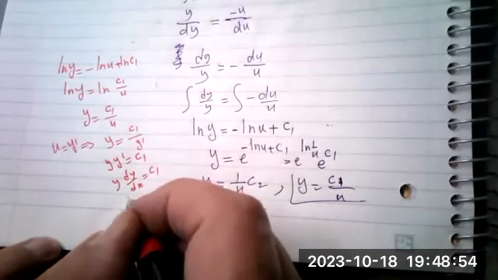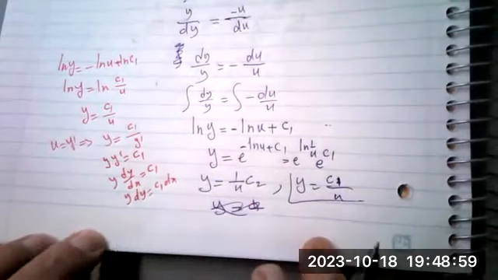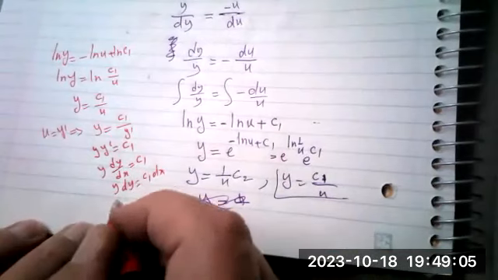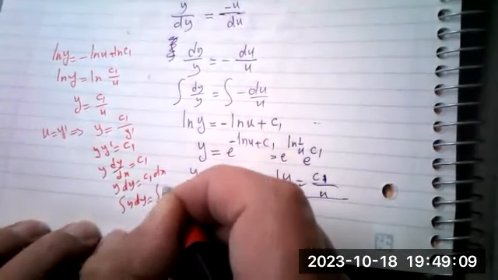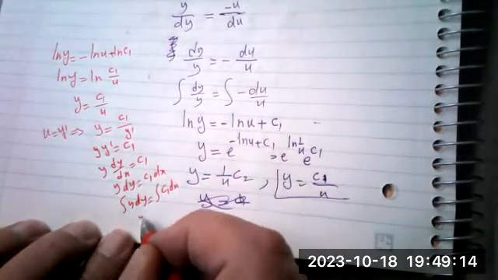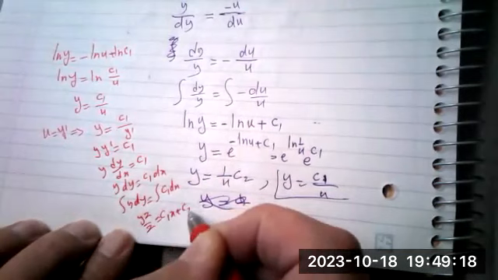So it's going to be simply y dy equal to C1 dx. Now integrate once more to get your final answer. If you're integrating y dy equal to the integral of C1 dx, that gives you y squared over 2 equal to C1x plus C2.